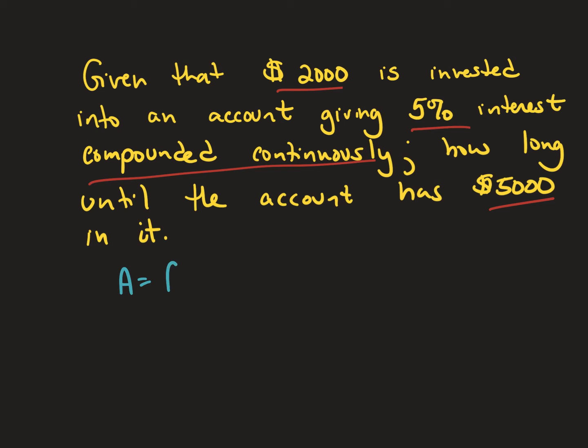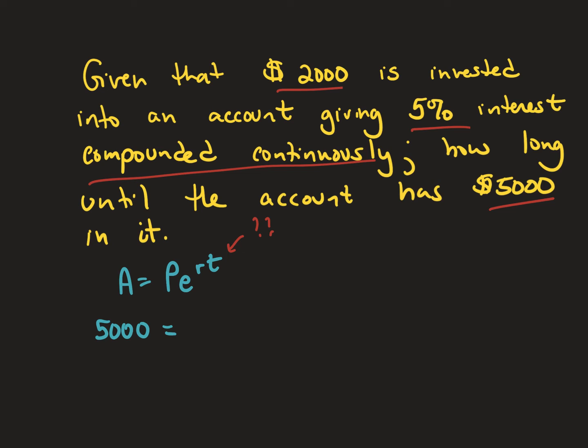So if we think of our A equals P e to the RT, in this case, the A we know, because A is how much we are going to have in the future, and in this case, it is $5,000. What we don't know in this case is T. So T is going to be a variable.